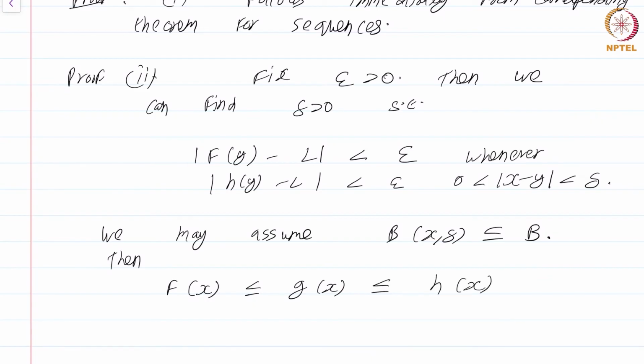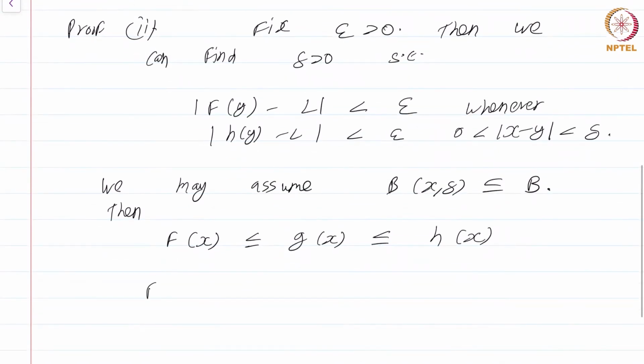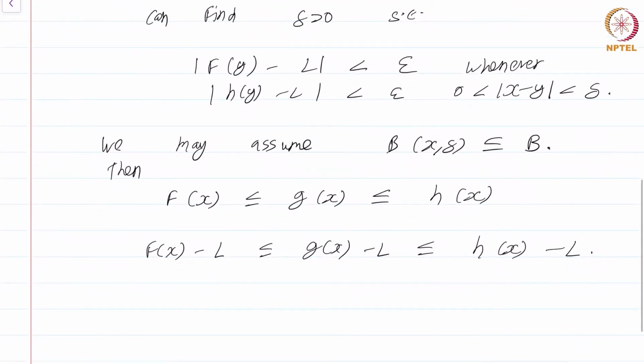And now the proof should be very similar to what we did for sequences. We get f minus L is less than or equal to g minus L is less than or equal to h minus L. Right? This just follows by subtracting L throughout.